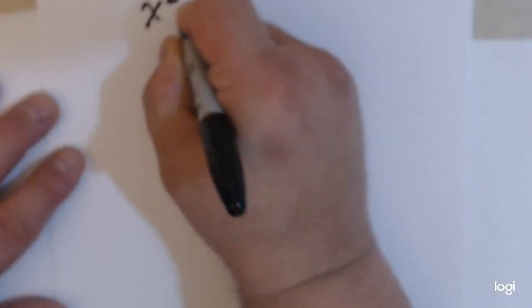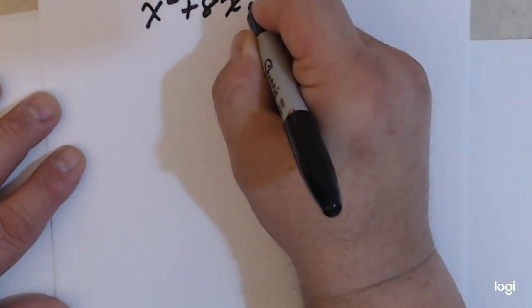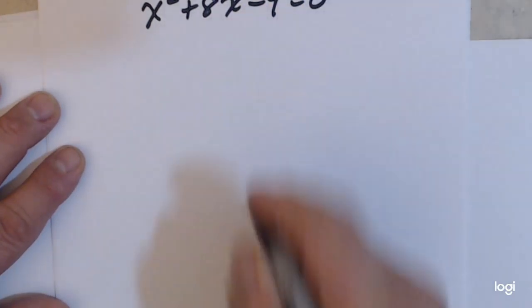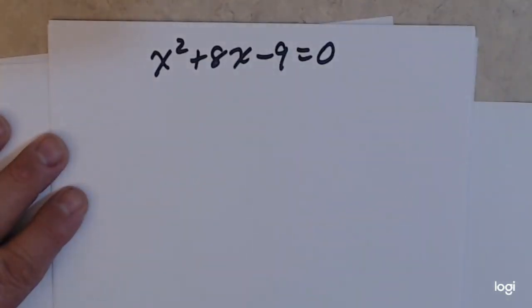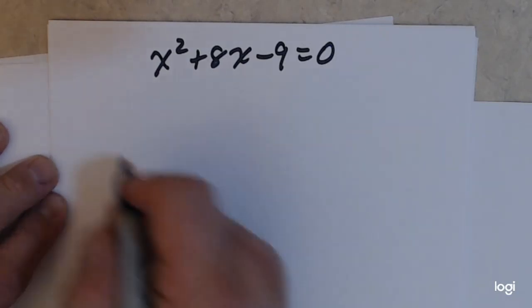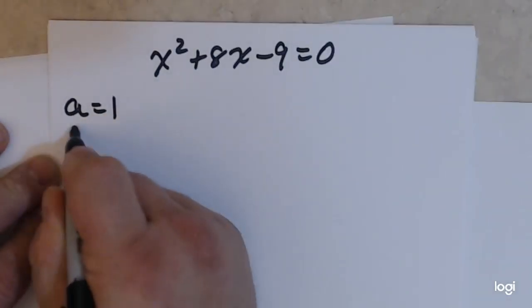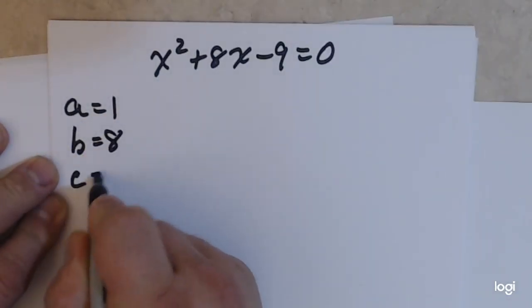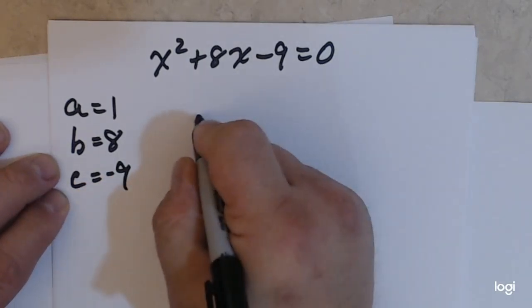Here's a good problem. X squared plus 8x minus 9. We know that A equals 1, B equals 8, and C equals negative 9.